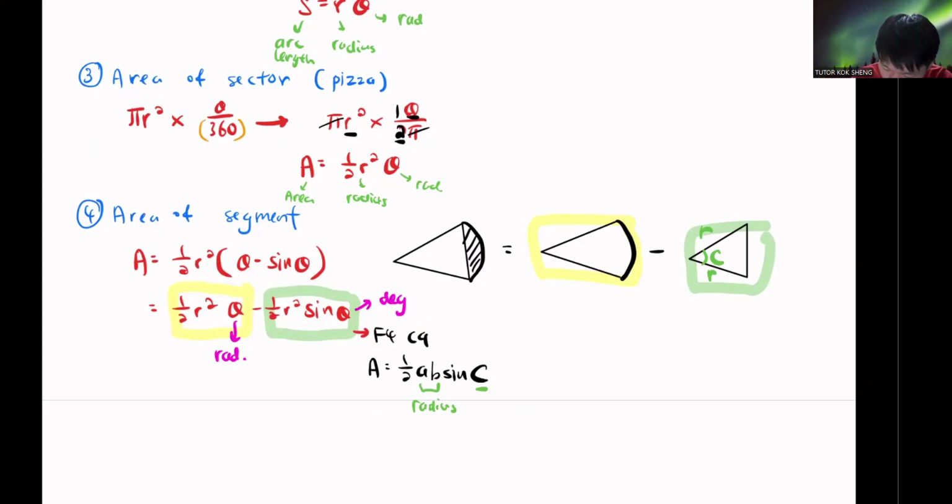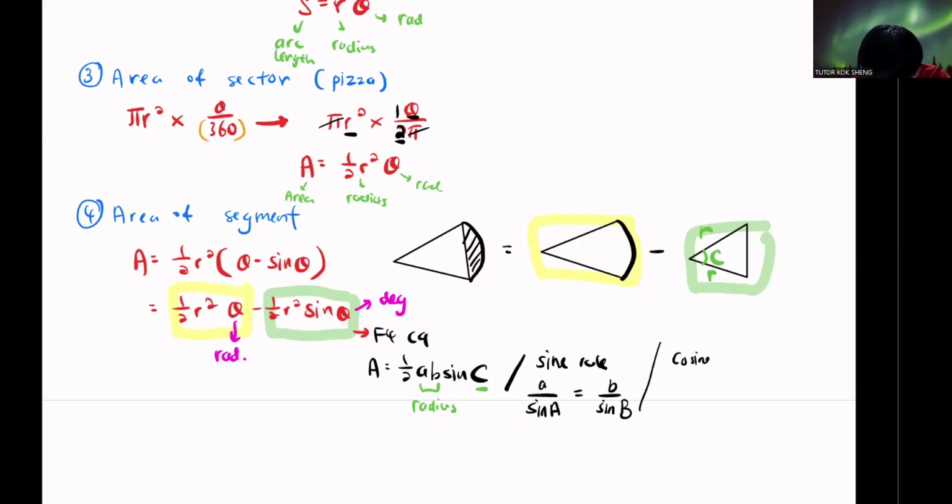The other two are the sine rule and the cosine rule. Sine rule, and the last one is the cosine rule. My writing is a bit messy, but you can understand the words here.